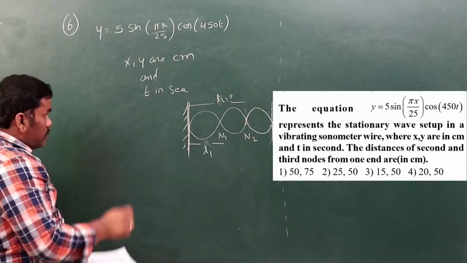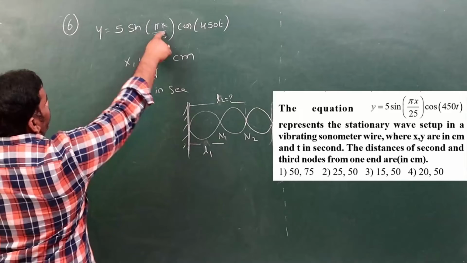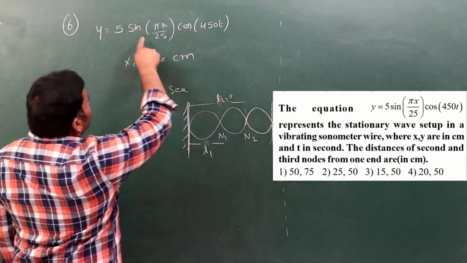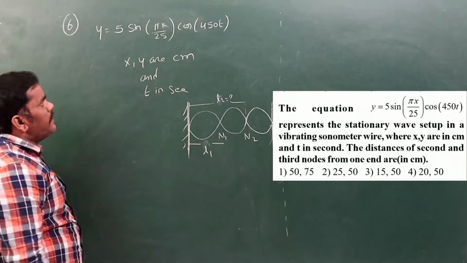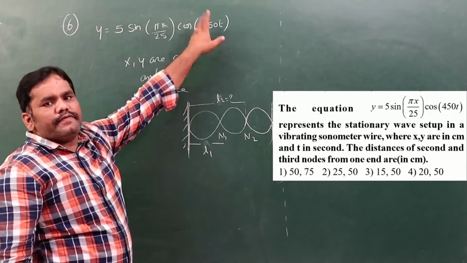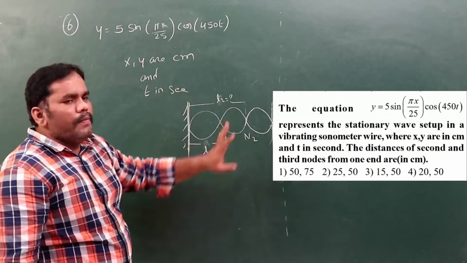Here, the given equation is y is equal to 5 sin(pi x by 25) cos 450t. Here sin(pi x by 25) indicates amplitude, and cos 450t indicates phase. So nodes and antinodes depend upon the position of a particle.